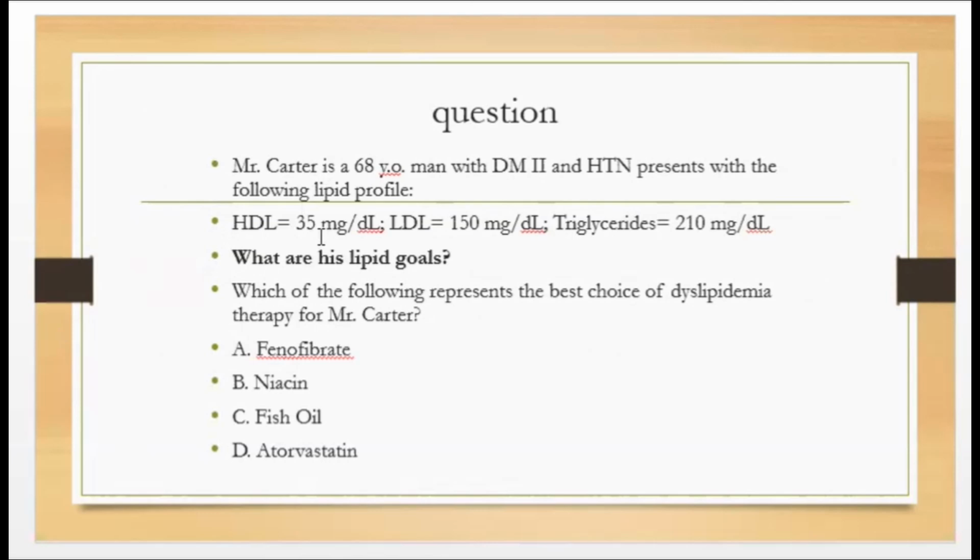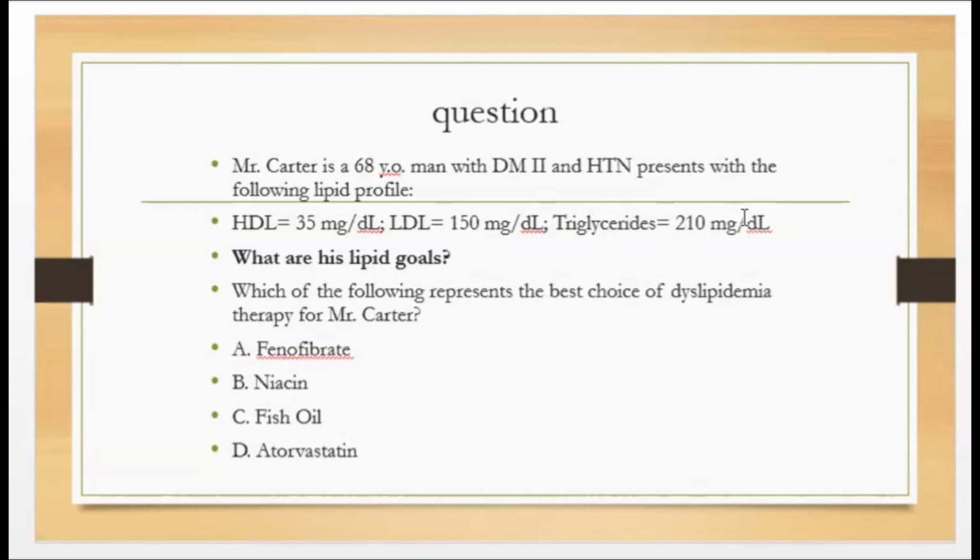This is low. LDL is high because LDL, which is the bad cholesterol, you don't want it to be more than 100, but this patient is 150, okay? But the triglyceride is 210.